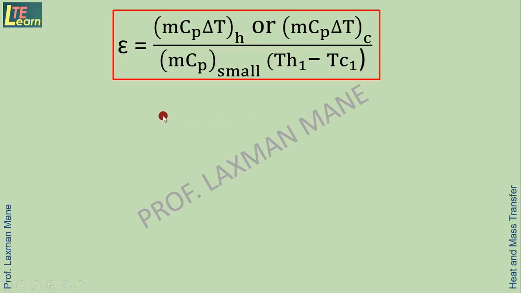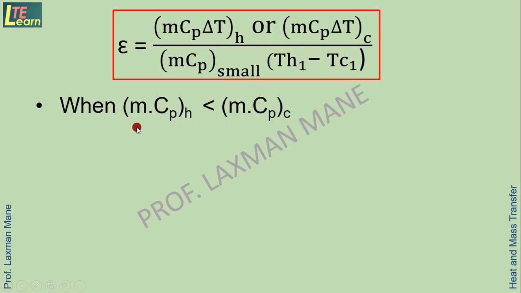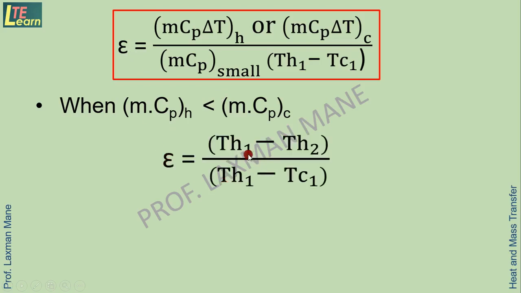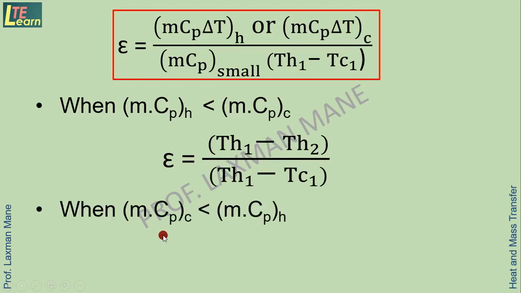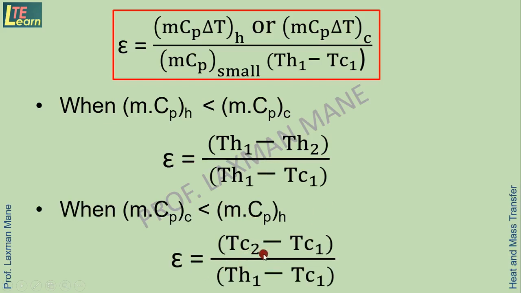Now here are two cases. When the heat capacity of hot fluid is smaller than the heat capacity of cold fluid, the above formula becomes Th1 minus Th2 divided by Th1 minus Tc1. And when the heat capacity of cold fluid is smaller than the heat capacity of hot fluid, the formula becomes Tc2 minus Tc1 divided by Th1 minus Tc1.